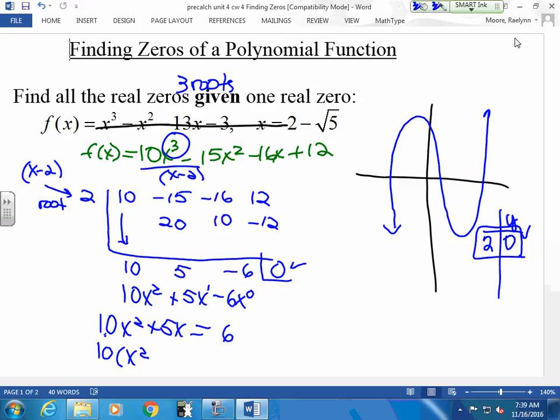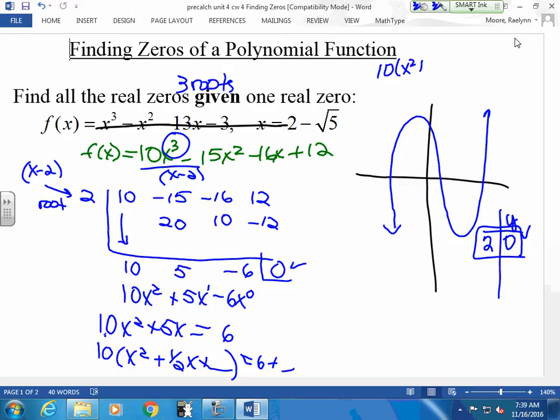If I divide this by 10, what do I get? 1/2 x plus something equals 6 plus something. Wait, say that again? Because you need your leading coefficient to be 1. I have to move it up here.